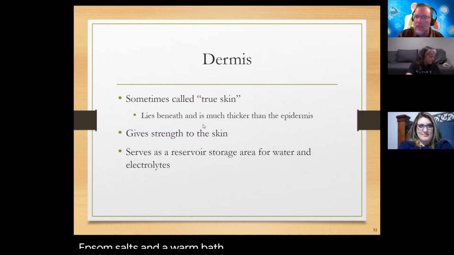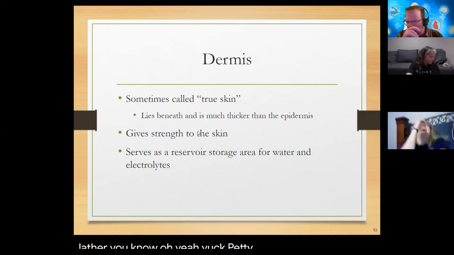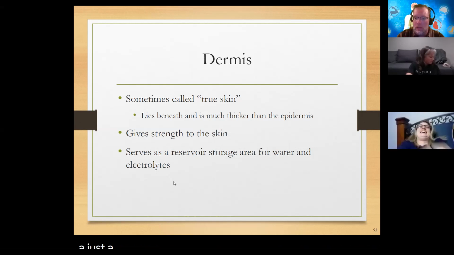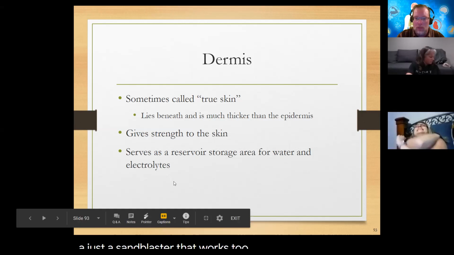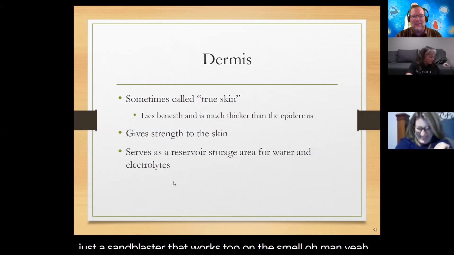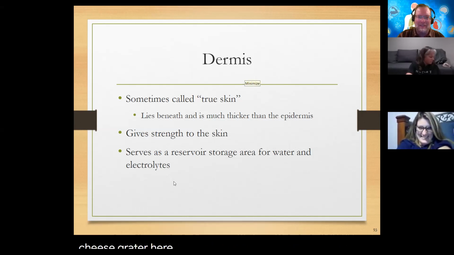Dunk those suckers in and lather. Oh yeah, yuck. The pet egg, or there's just a sandblaster that works too. Oh, and the smell. Oh man. Cheese grater. Yikes. Ooh, yes. All right.